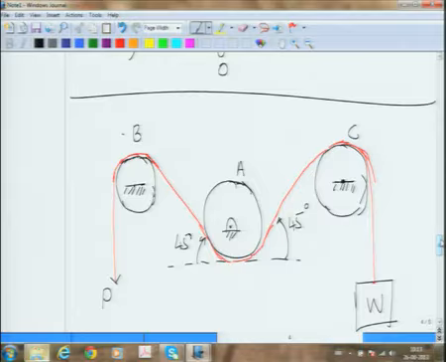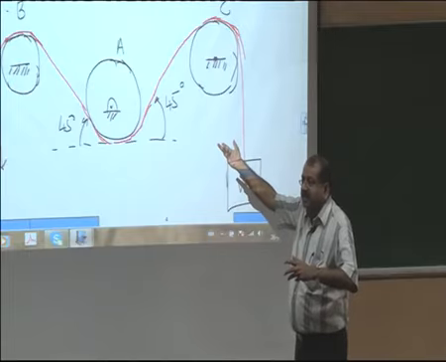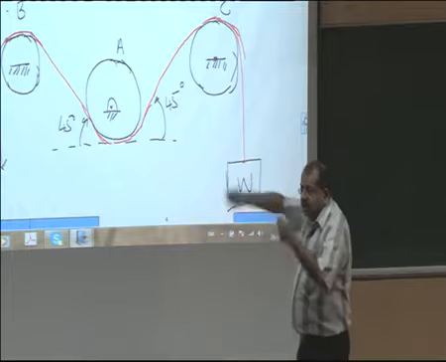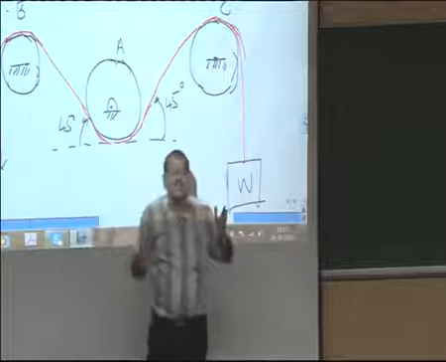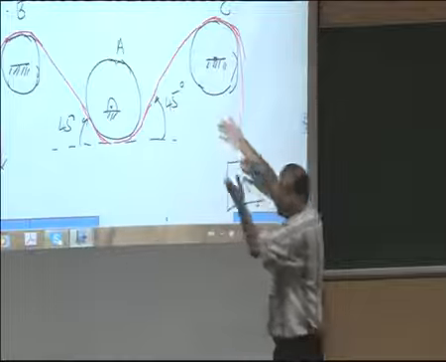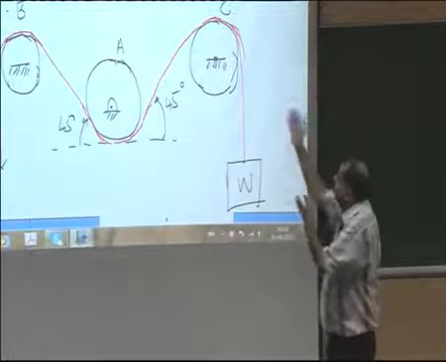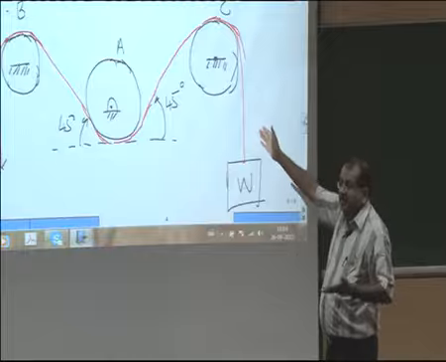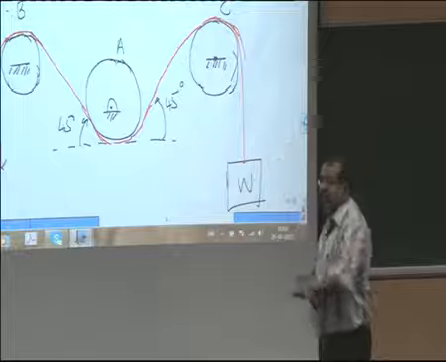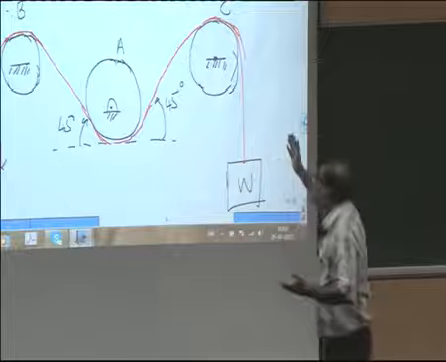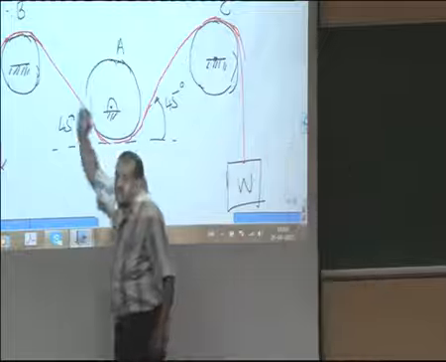So, that means it will not be able to take any moment because it will rotate. So, therefore, the tension in these two sections across this has to be equal, because this comes from the moment balance. The moment about the center of pulley A must be 0. That means the tension on these two sides must be the same.